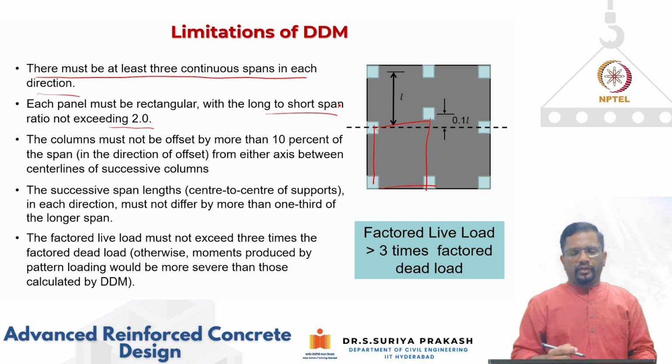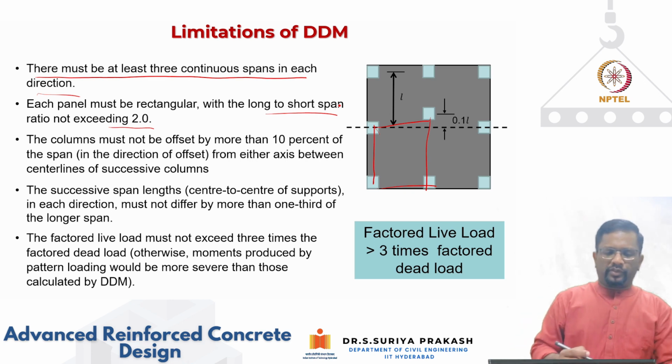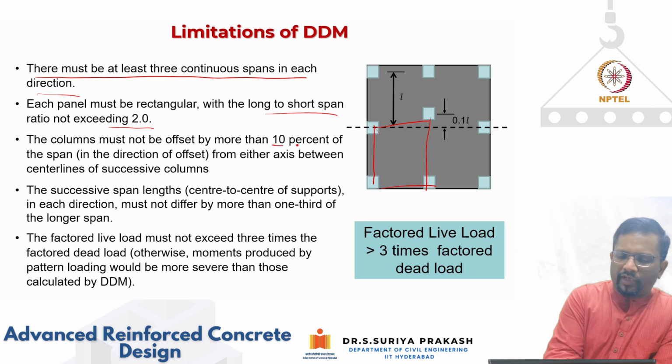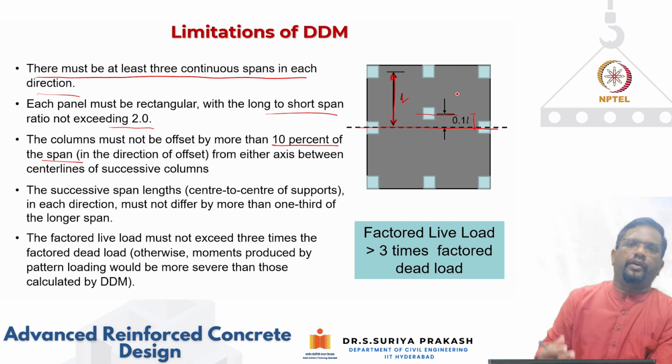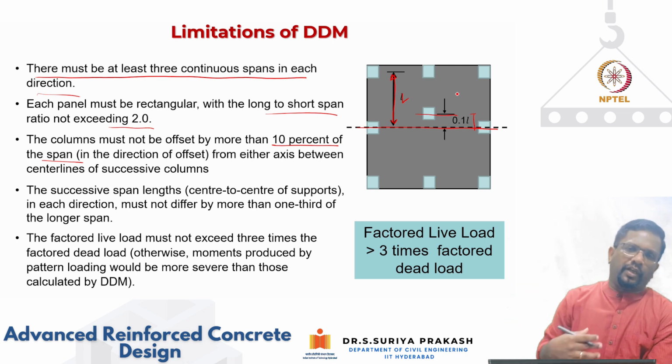The next condition: the columns must not be offset by more than 10 percent of the span. For example, this is what we are looking at. Let's say this is the span that we are considering. This is your L. Now, this column center line and this center line, if you look at it, one column cannot be offset more than 10 percent of the span along which you are calculating the moments.